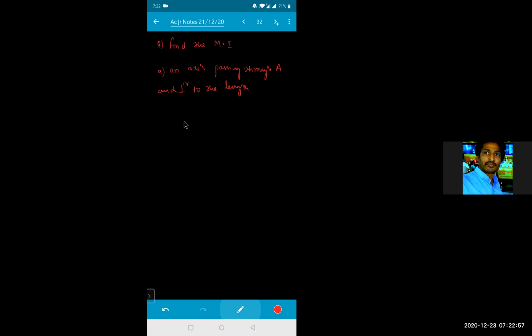This is given to me like this. This is your rod. This is your center of mass. And this is your axis. From here to here, this distance is L by 4. This one is mass capital M. Total length is capital L.